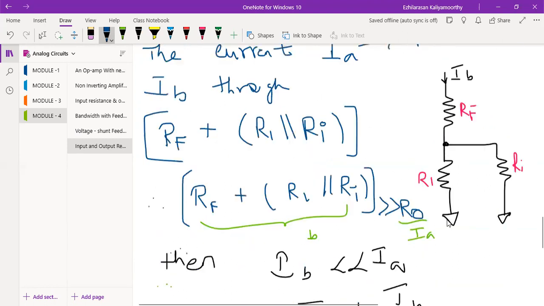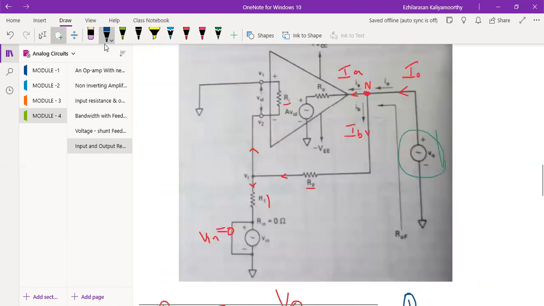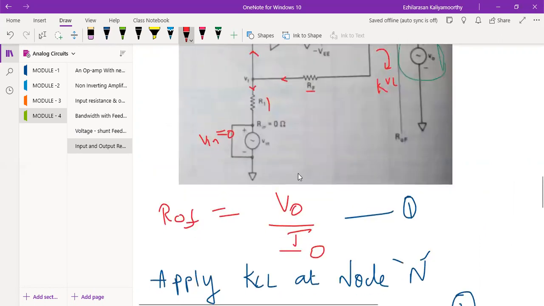Let us apply KVL in the output loop here. You see where you have to apply? Here only you have to apply. Here you have to apply the KVL. Then what will happen here?